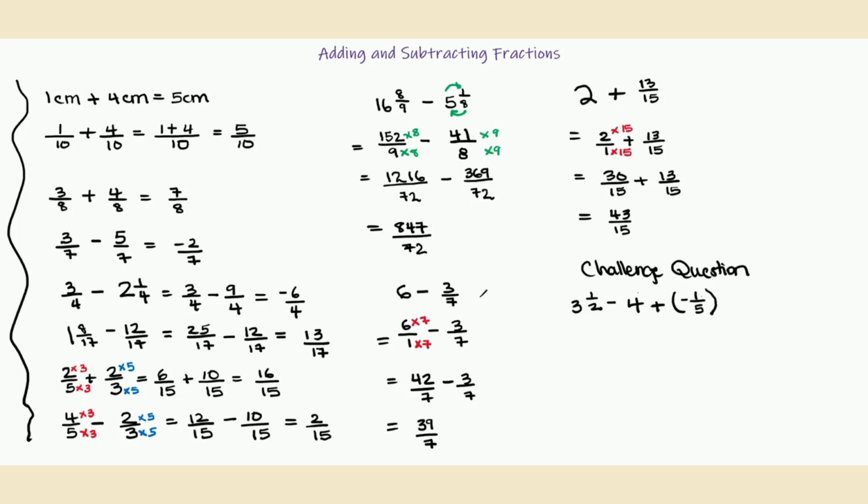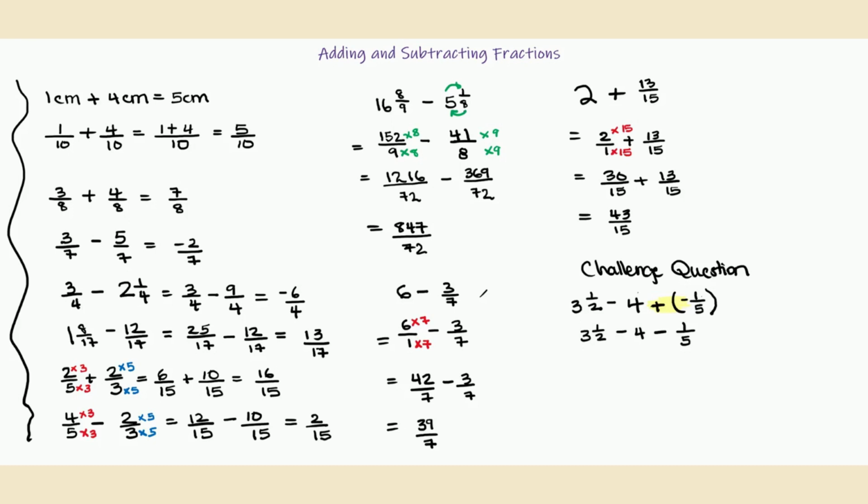You can pause the video and try this one on your own. These are consecutive signs, so we have to clean that up. So we can rewrite the question as 3.5 minus 4, different signs, so resulting in a minus.